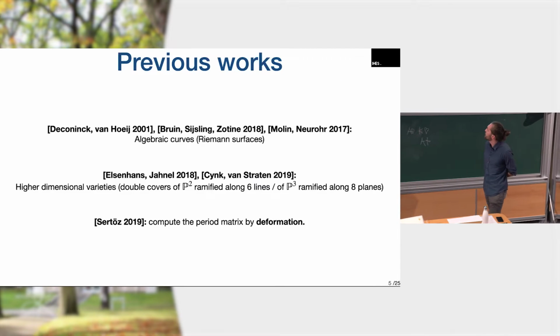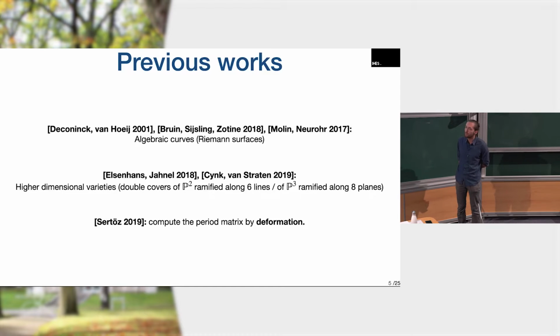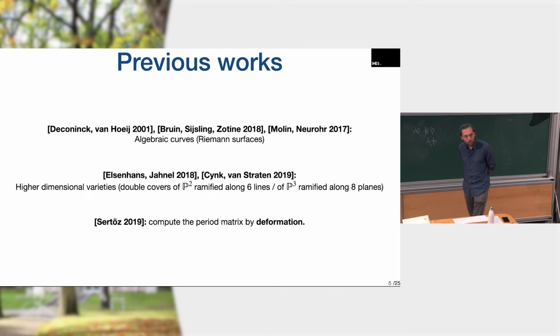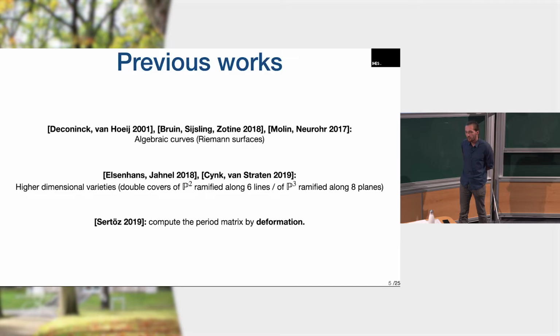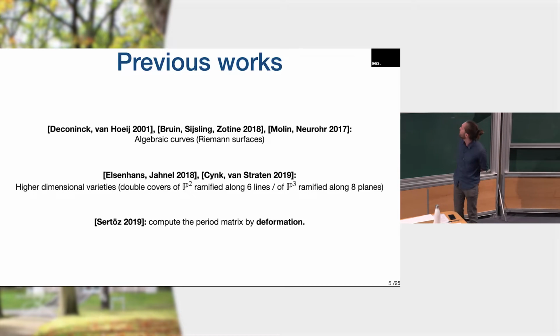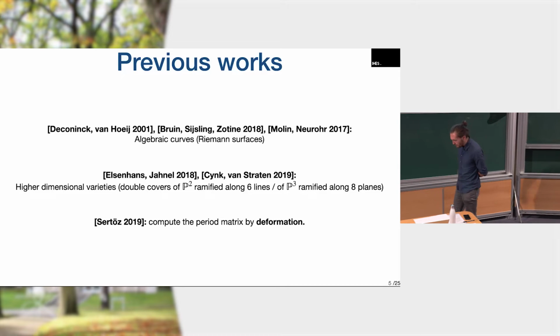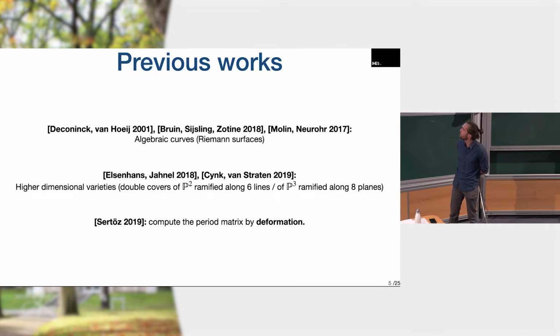Okay, so these were the motivations, and now let me mention a few lines of work which try to compute these periods for certain cases of varieties. The first one is the case of algebraic curves, which was extensively studied because it coincides with the case of Riemann surfaces. And so there are these papers and more that provide algorithms for computing these periods.